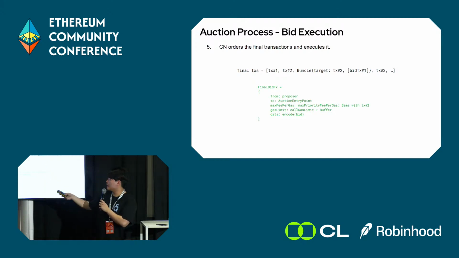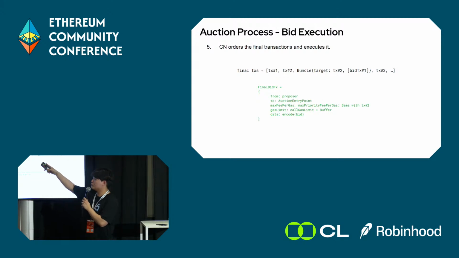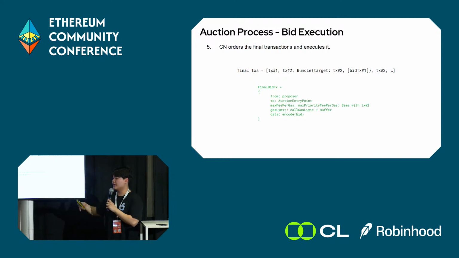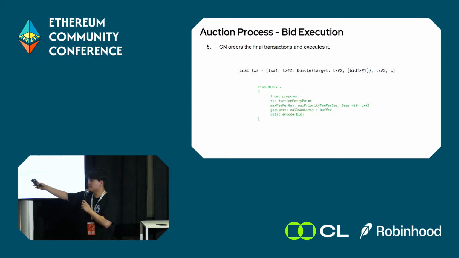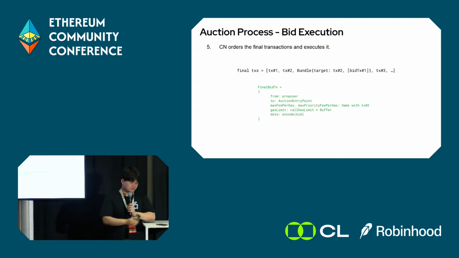If the validator inserts this bid transaction, for example, after transaction 3, then it will be detected by the auctioneer, and we can introduce some slash, or we can kick it out from the validator set, to monitor the validators for any malicious action. And the final bid will be from the proposer, as I explained before, and the 2 is the auction entry point, and so on, other information.